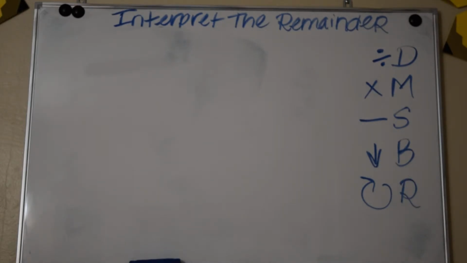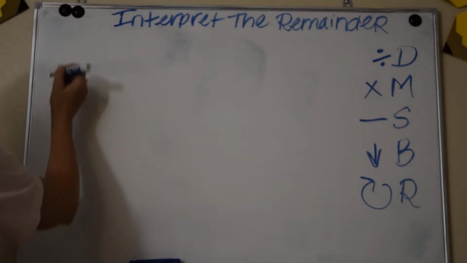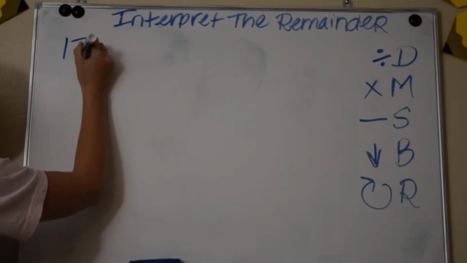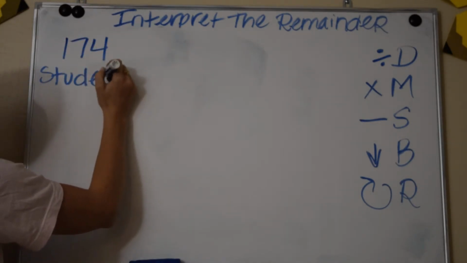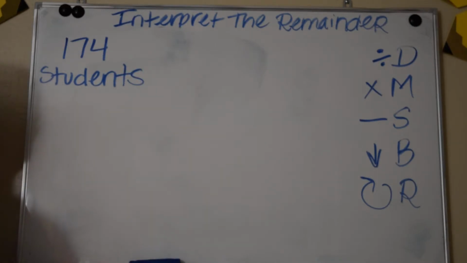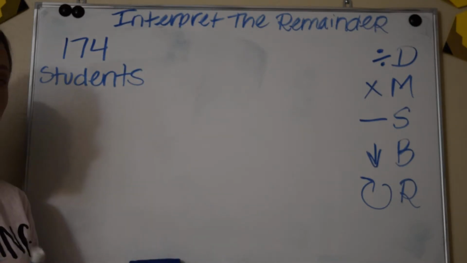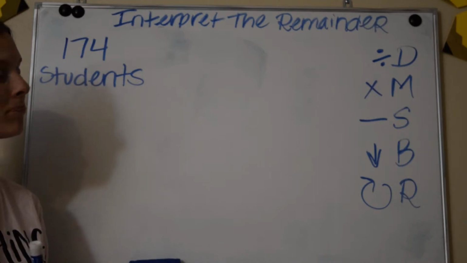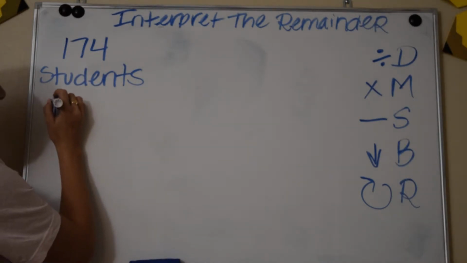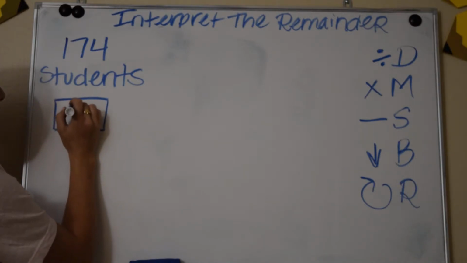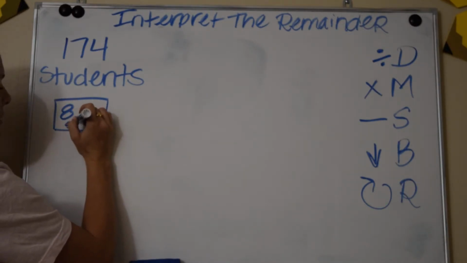Let's say I have 174 students and they're about to go to the cafeteria to eat their lunch. Every student needs to sit, and each table can only fit 8 students at a time.